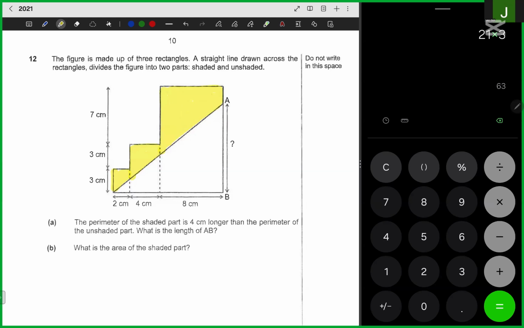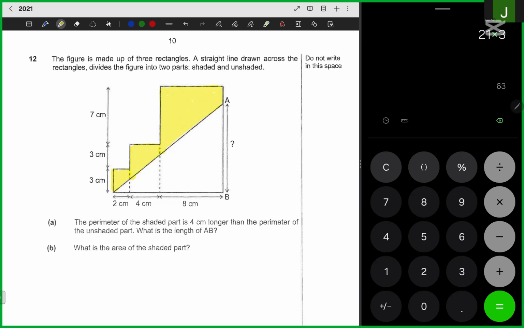They never say two equal parts, right? It's two parts only. You need to know that they are not equal. Now, the perimeter of the shaded part is 4 cm longer than the perimeter of the unshaded part. What is the length of AB?